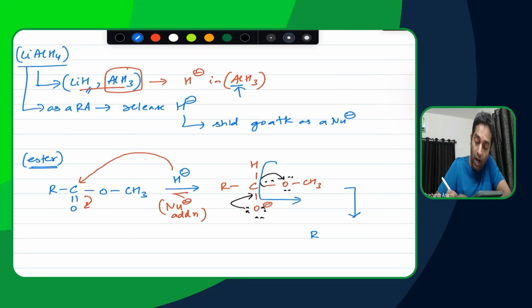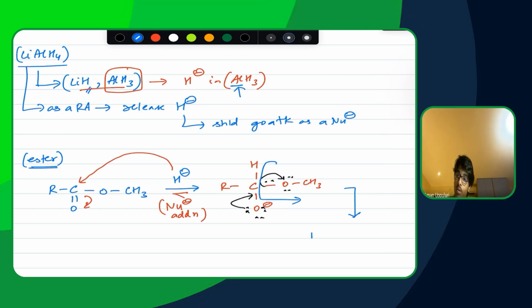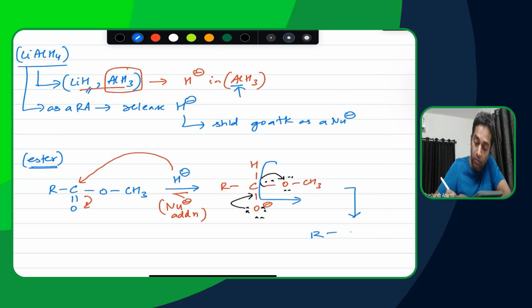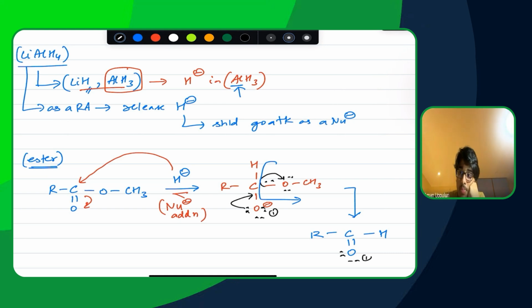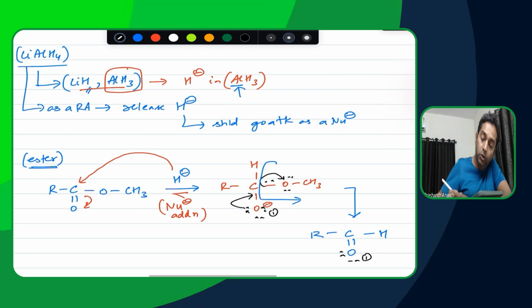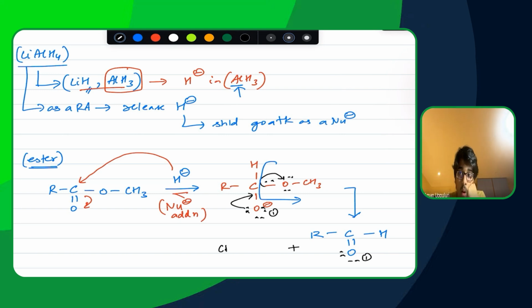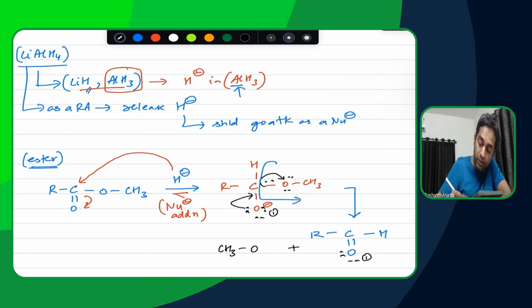You'll have the aldehyde, R C double bond O H, with this oxygen having 2 lone pairs left over. This is oxygen number 1. Oxygen number 2 has gotten out as methanol, in the form of CH3O minus, where it now has 3 lone pairs.